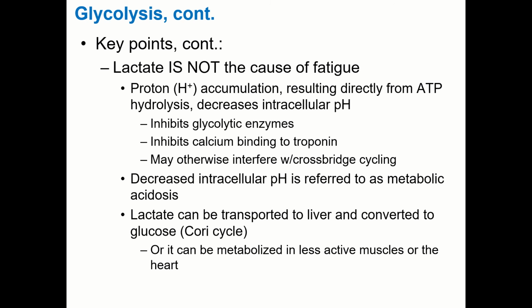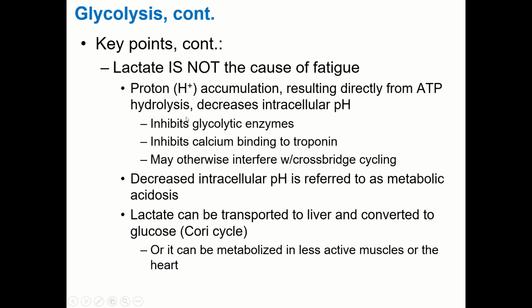So as we generate a bunch of free hydrogens when we hydrolyze ATP, that makes the inside of the cell more acidic, so it lowers the pH. As the pH comes down, we get an inhibition of glycolytic enzymes.